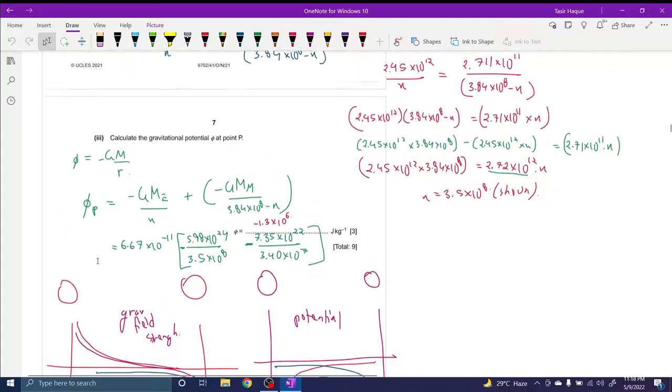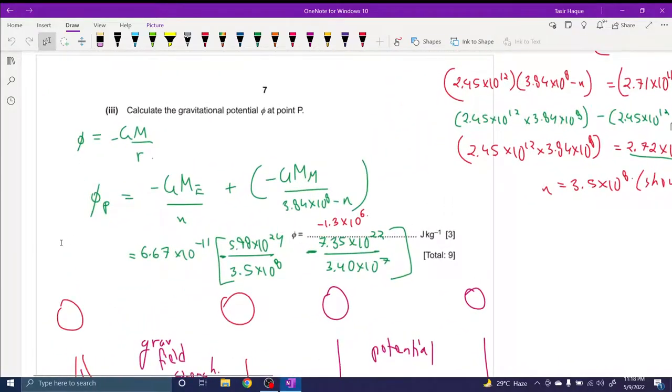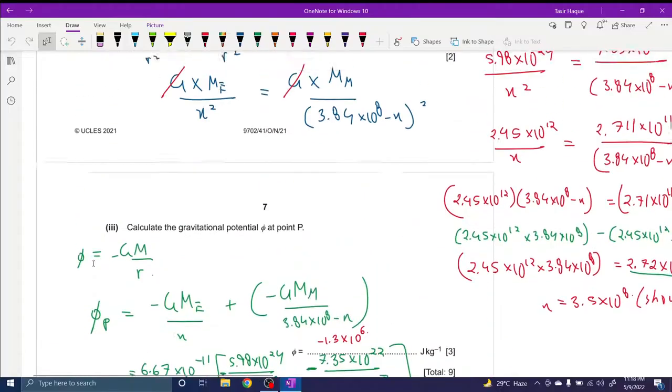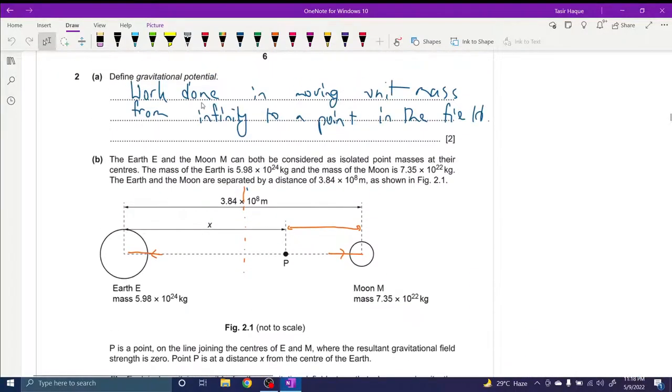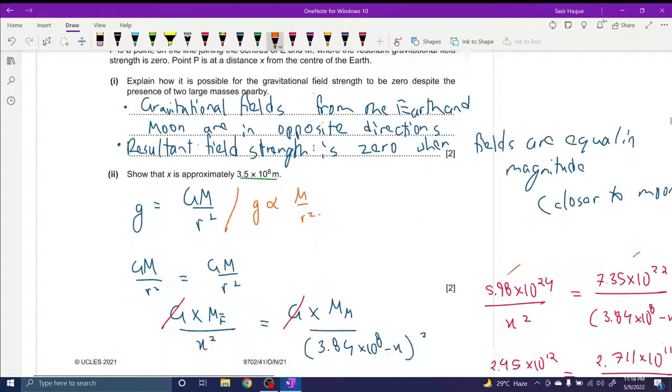So basically, we know that gravitational potential is equal to minus GM by r. So we write that formula. For the Earth, it's going to be minus 6.67 into 10 power minus 11 into 5.98 into 10 power 24 divided by 3.5 into 10 power 8. And for the moon, it's going to be minus 6.67 into 10 power minus 11 into 7.35 into 10 power 22 divided by 3.84 into 10 power 8 minus 3.5 into 10 power 8, because we need to find this distance d.